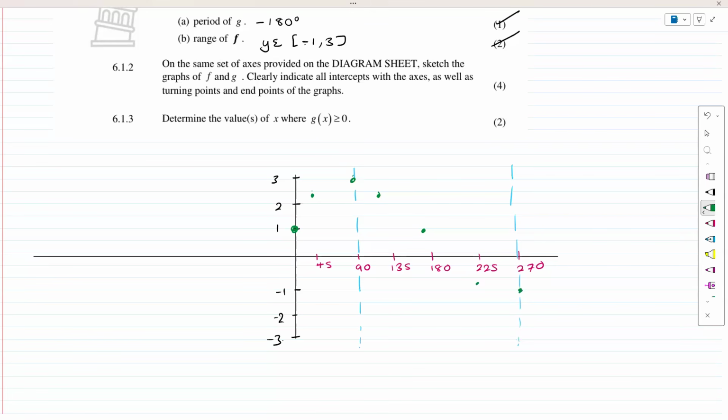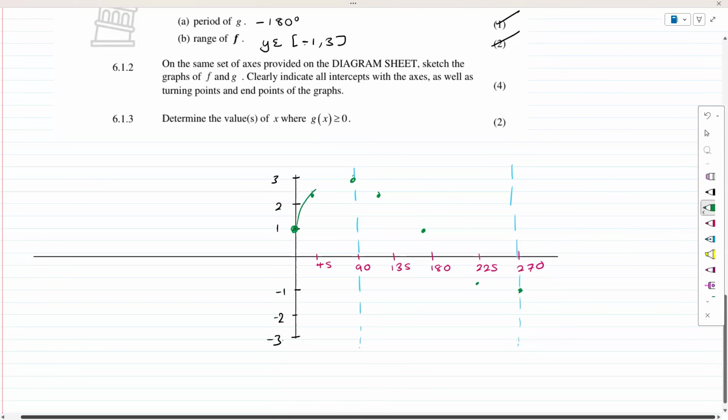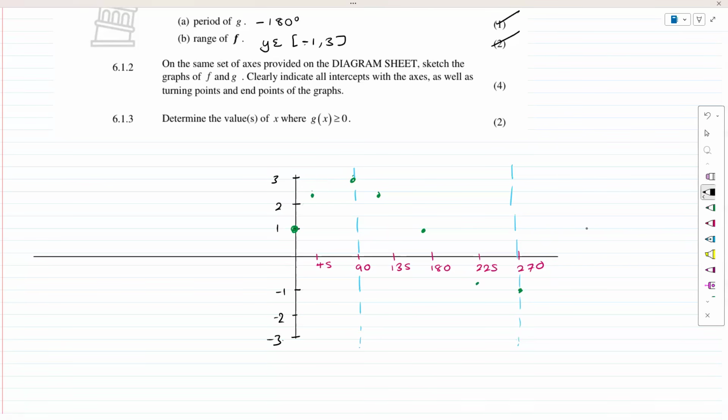It stops there. Now, this is a very funny graph because it technically stops at 270 because they cut it off at 270. But please don't think that the period of this graph is 270.